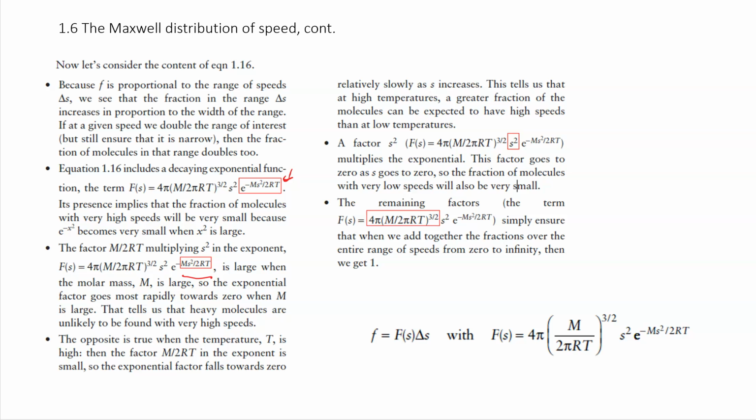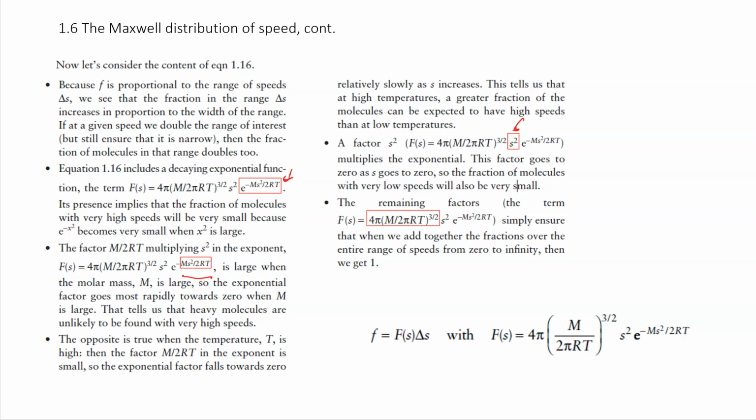So for the factor s squared that we see here, this factor multiplies the exponential. This factor goes to 0 as s goes to 0. So the fraction of molecules with very low speeds will also be very small.